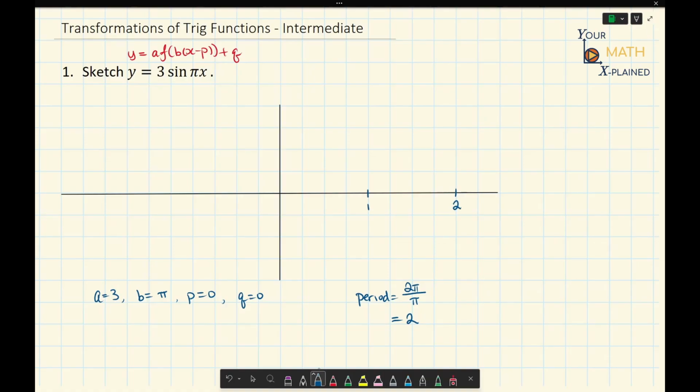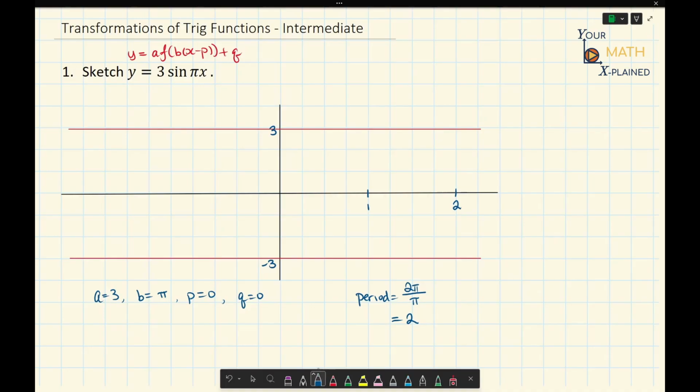And since our amplitude is 3, that means we're going to draw our maximum line at y is equal to 3, which will be up here. And then our minimum value is going to be at y is equal to negative 3. So let's go ahead and label these. That'll be 3, and this is negative 3.